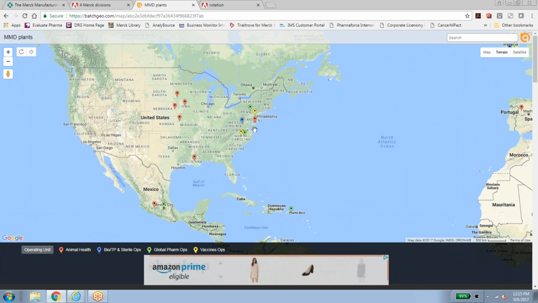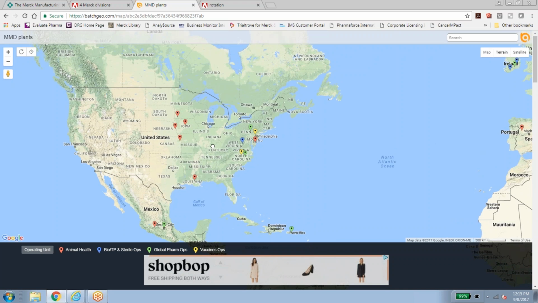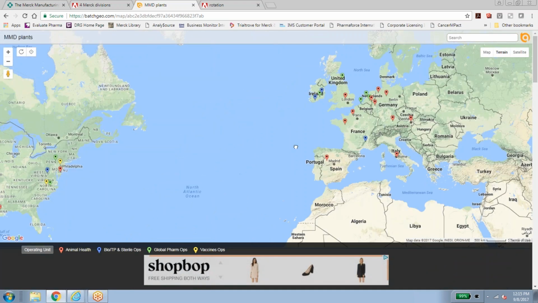These different colors indicate whether a site is an animal health site, a biologics, therapeutic proteins, and sterile operations site, a global pharmaceutical operations site, or a vaccine operations site. So you'll see in North America, we have a number of MMD locations.